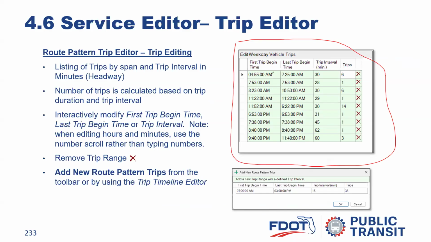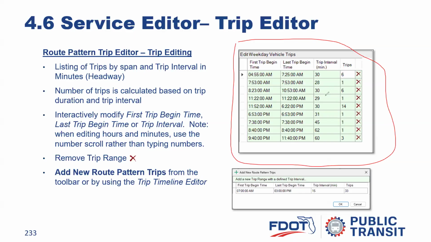For example, our first line here starts at 4:55 a.m., goes to 7:25 a.m., and it's at a 30-minute interval, and there are 6 trips attached to that time frame. And they're all at 30-minute intervals, or headway, right? The next grouping is just one trip with an interval of 28 minutes, and then another grouping at 30 minutes of 6 trips. So as you go throughout the day, it's trying to group by interval.